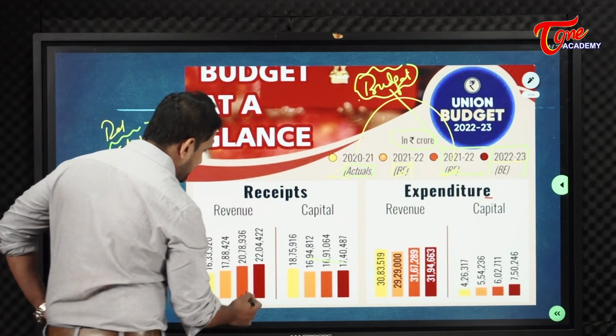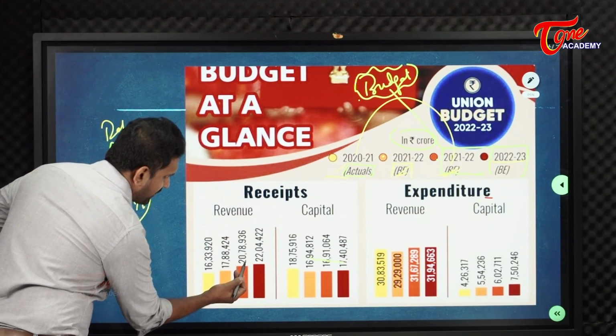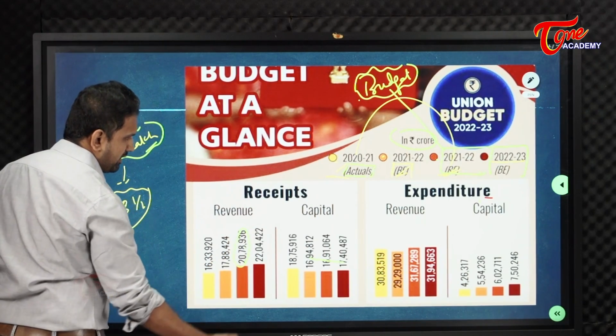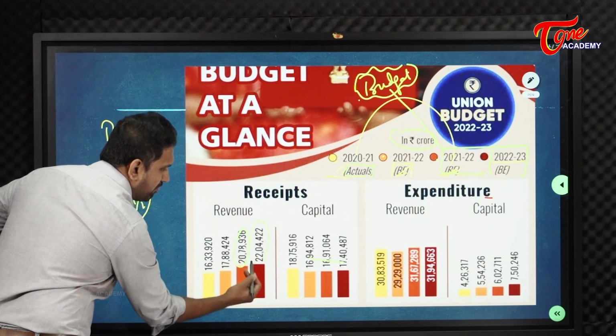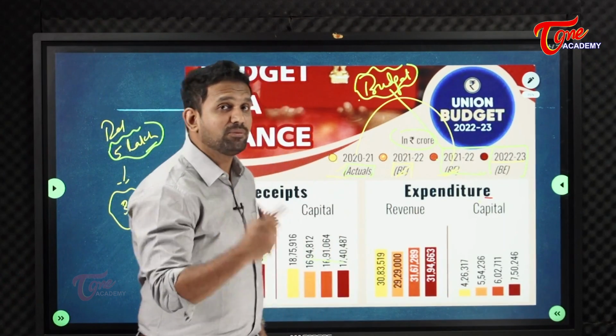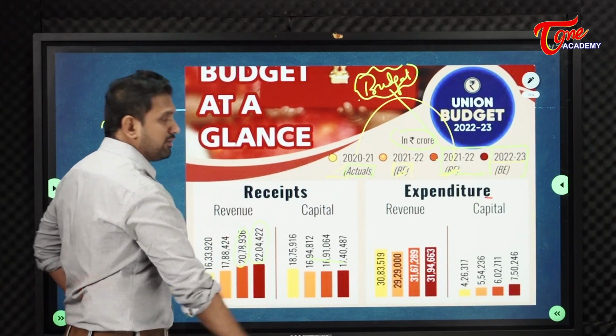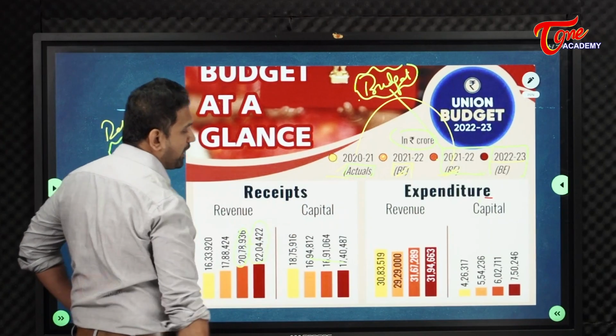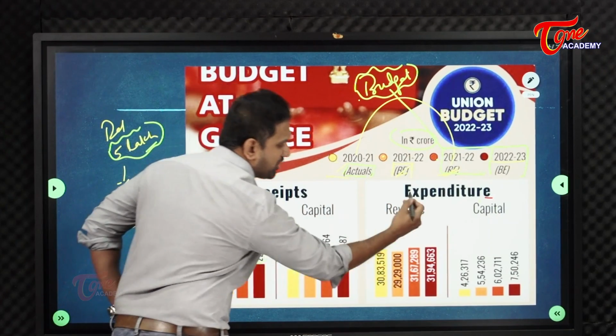So you can see that revenue receipts were 20,78,000 crores, and revenue receipts have increased marginally, 1-2 crores like that. Marginally. Got it? Right. Now I will go to that component as we have learned. Revenue receipts is done, now revenue expenditure.